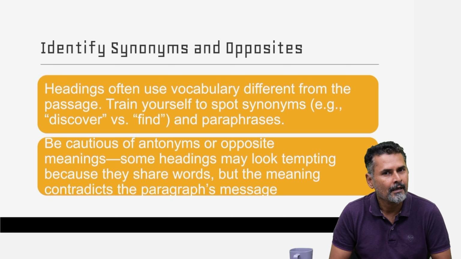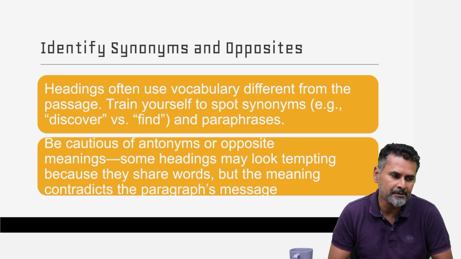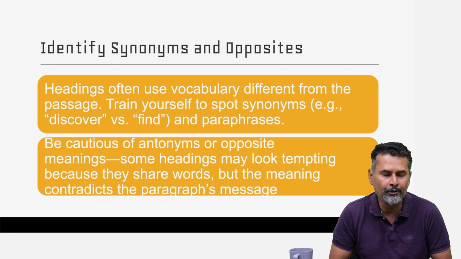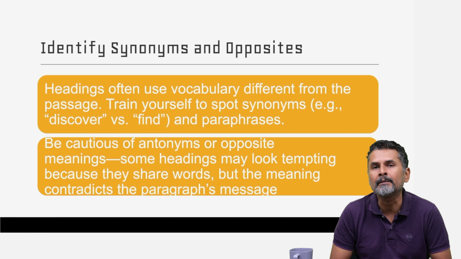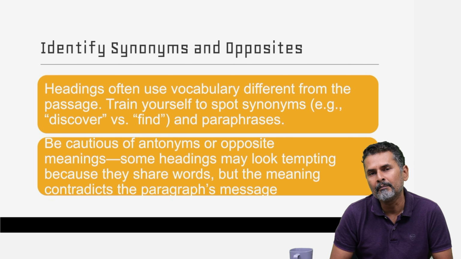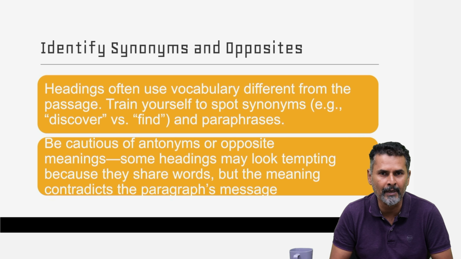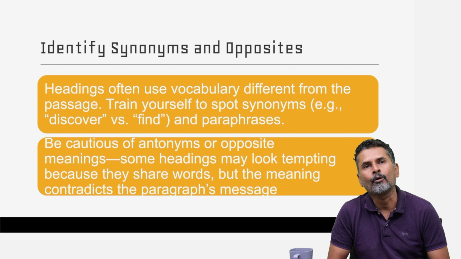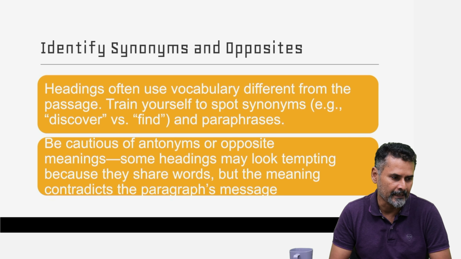And it's not just synonyms that you've got to look for, you've got to keep an eye open for antonyms as well. Antonyms are words with exact opposite meaning. But sometimes the word might be the exact same as what's given in the paragraph, but if you go through the entire sentence, it might indicate a totally different or opposite meaning.